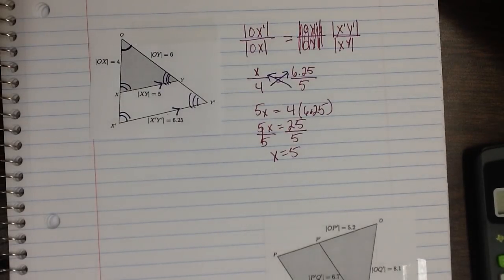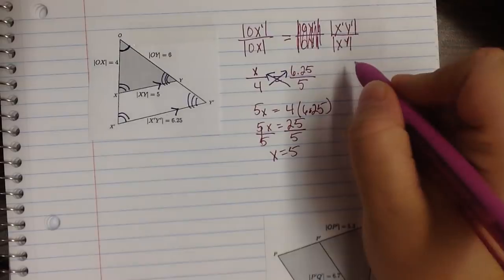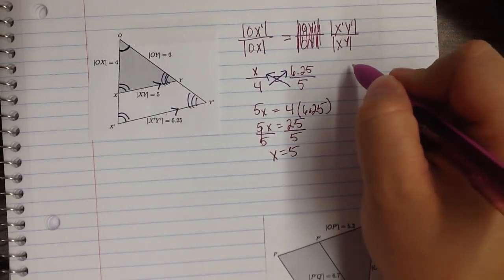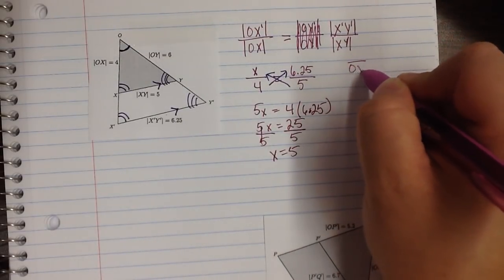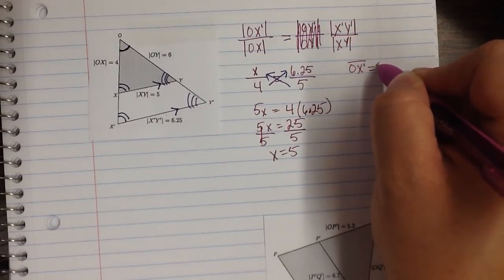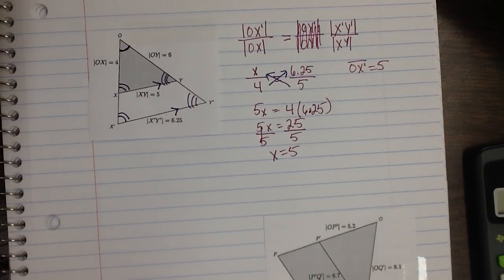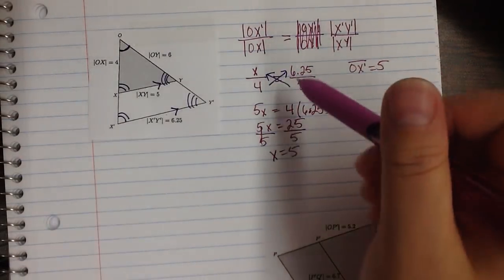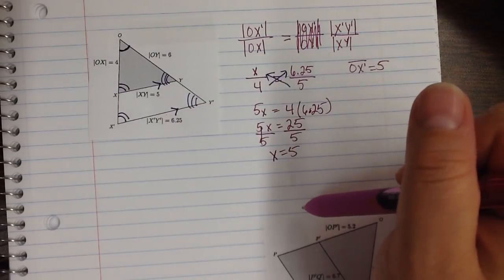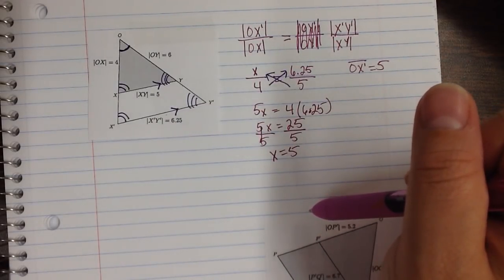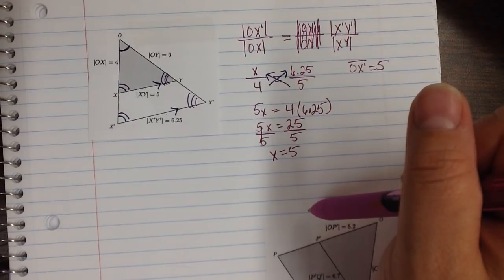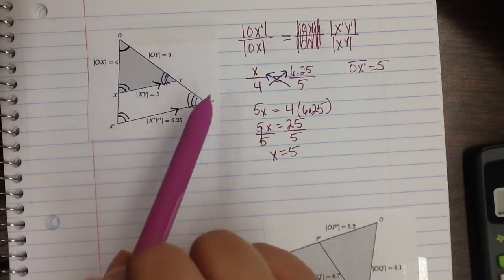So side OX' equals 5. Now, using this information, we want to find the distance from O to Y'.